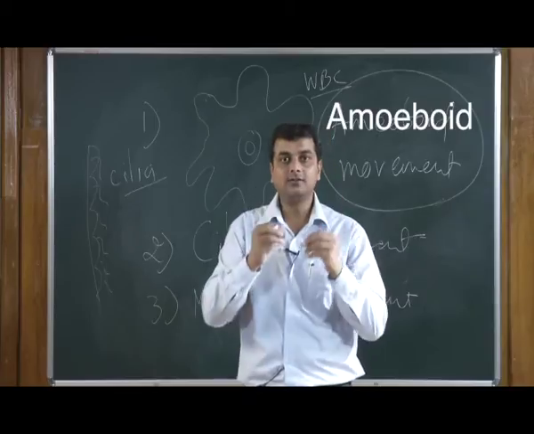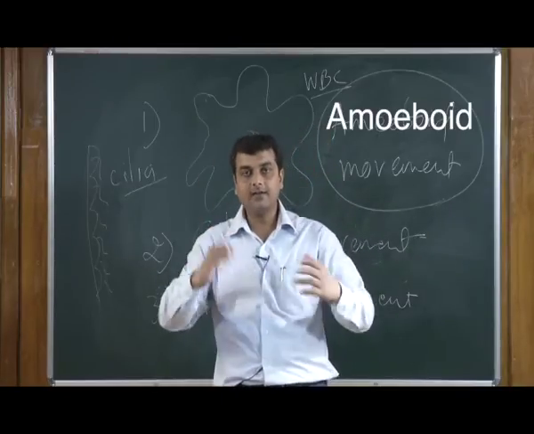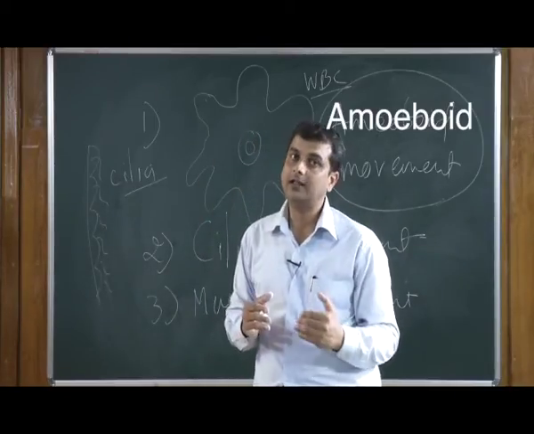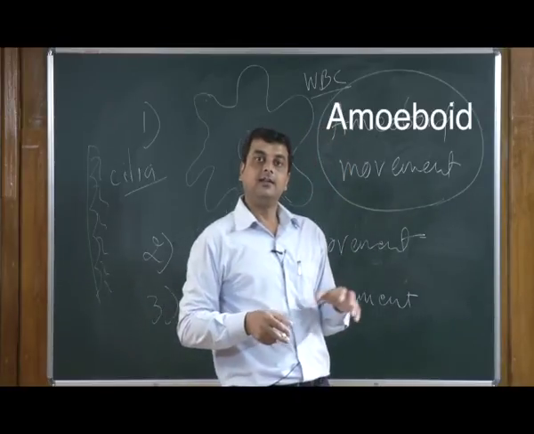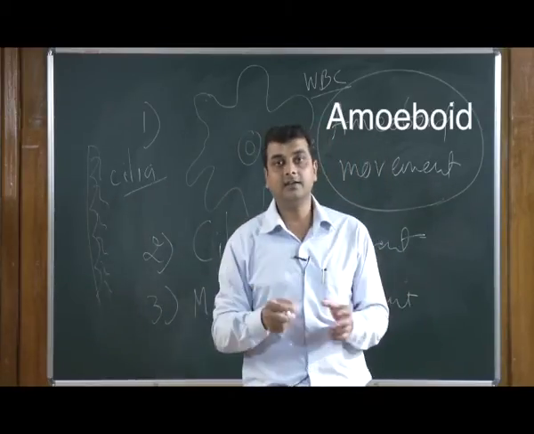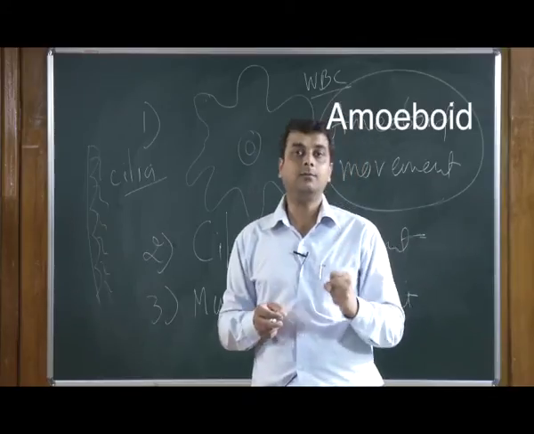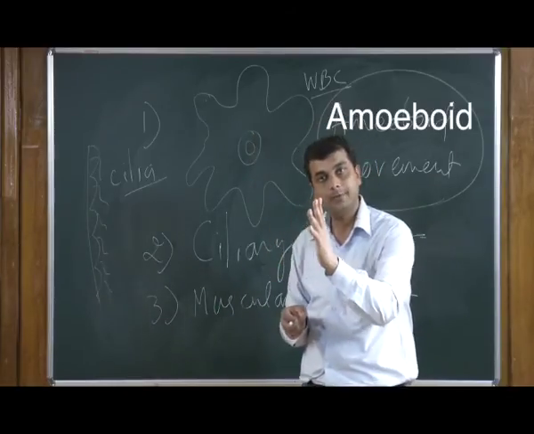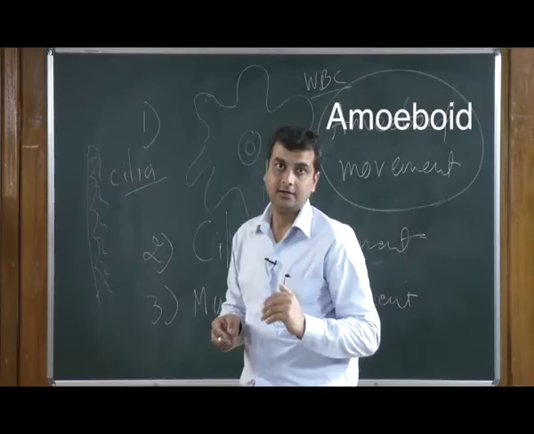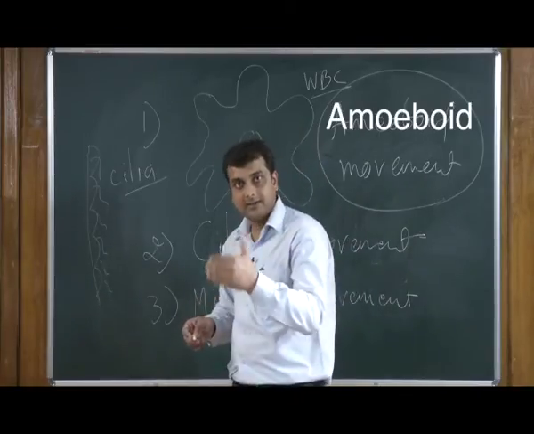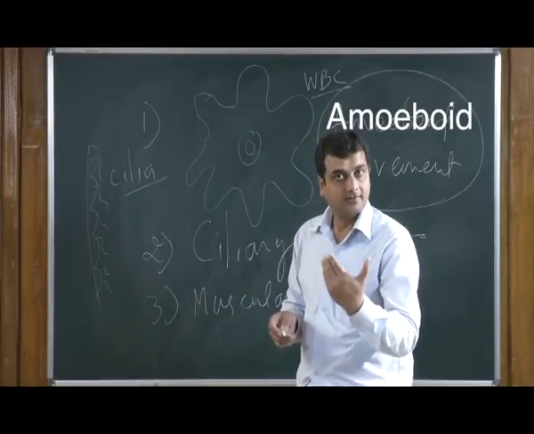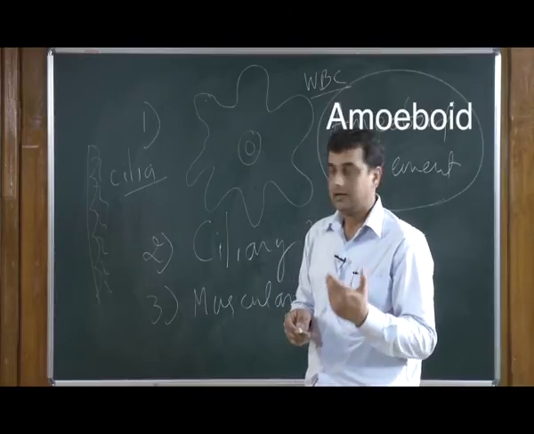And also in the intestine you have a lot of ciliated epithelium that is involved in absorption and movement of the food particles in the forward direction. So, ciliary movement is also a very important aspect in the human body.